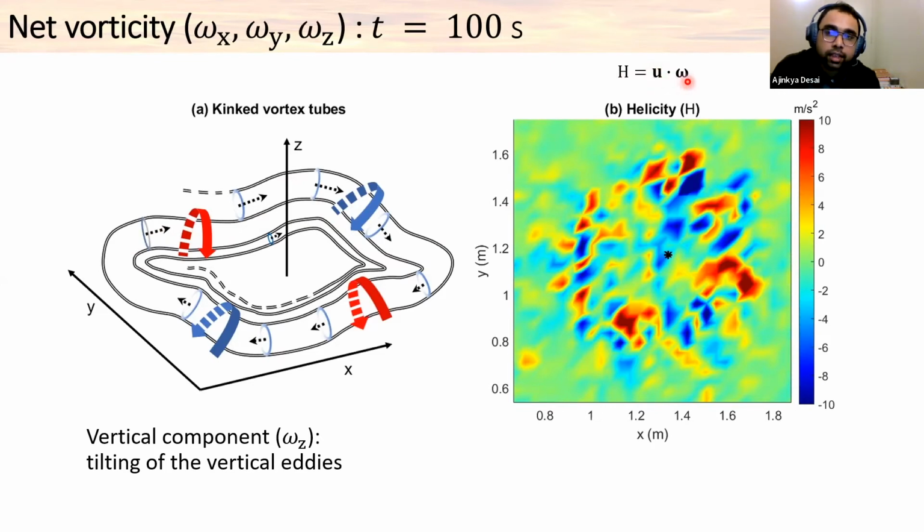If your net vorticity is pointing upward, which means the eddy is tilted in the upward direction, the angle between them would be acute and you'd get a positive dot product, which corresponds to these red regions over here. If the eddies are tilted downward, then the angle between these two may become obtuse, and the dot product negative.